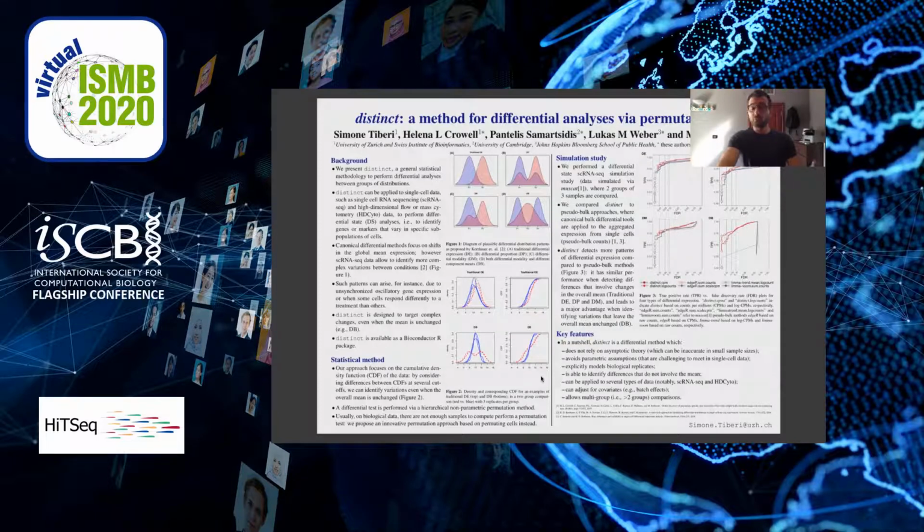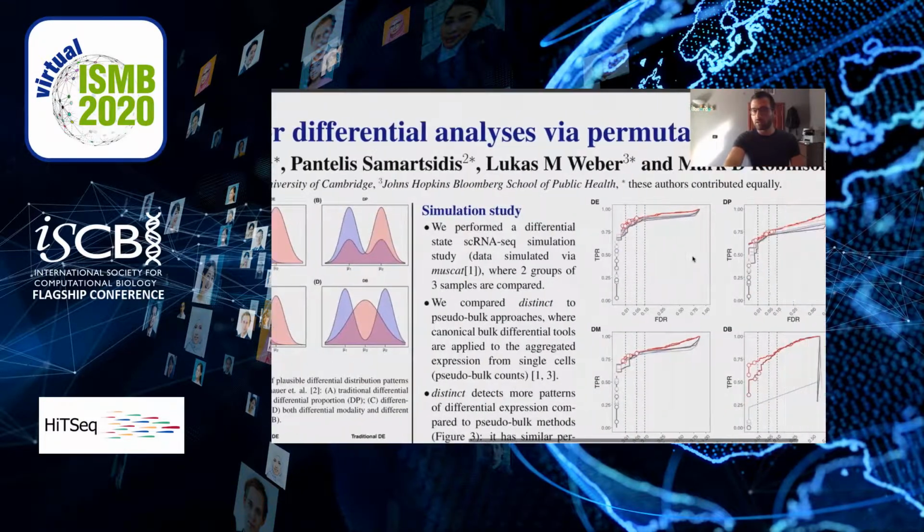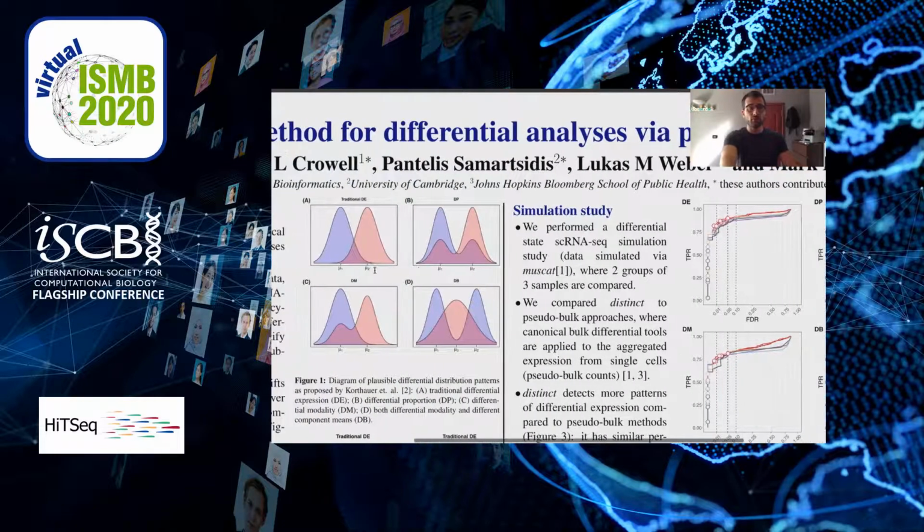We performed several benchmarks on both simulated and experimental single-cell and flow and mass cytometry data. But here I'm only going to show you the most comprehensive simulation study, which is a simulation study from single-cell RNA-seq data, which were simulated from Muscat, which is a Bioconductor package that allows you to simulate differential patterns from each one of these 4 scenarios.